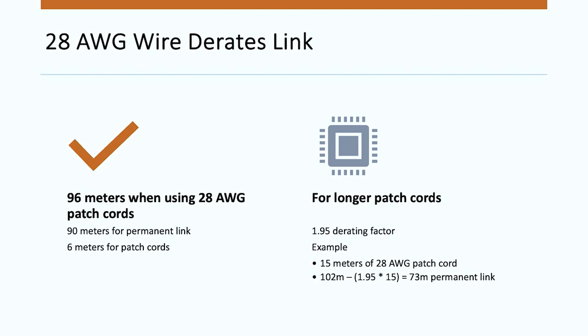And if we have longer thin patch cords than that, then we need to derate that by a factor of 1.95. So there's just a quick little calculation in there. When we build these things out, we always have to assume that we're working with a maximum link length. And so unless we're measuring the length and designing our patch cords exactly for that, we need to take that into consideration.